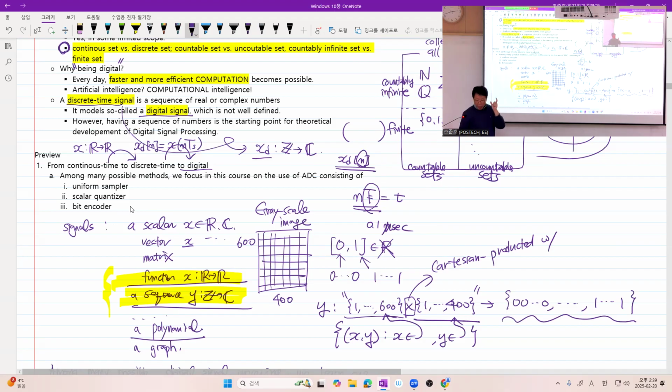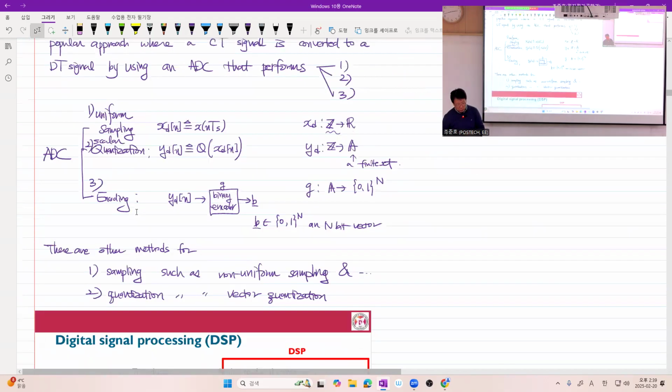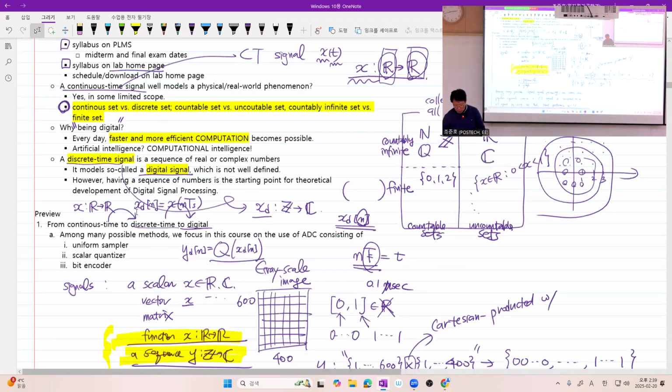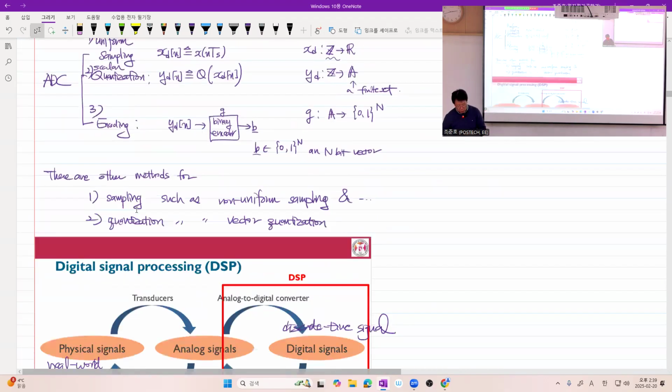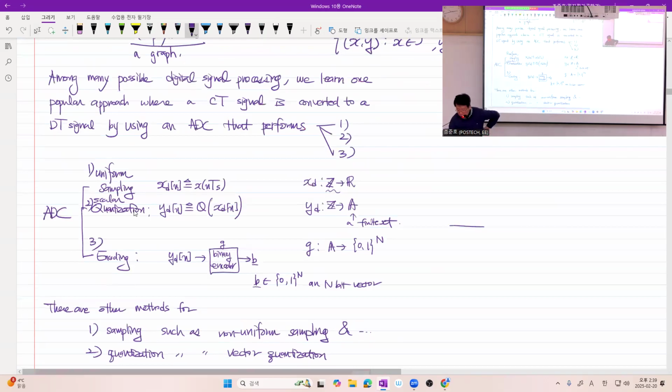Got it? And from discrete time signal to digital signal, what we do is apply a so-called scalar quantizer to this one. What does this scalar quantizer do? Anyway, it's like this. Here goes your discrete time signal's value.